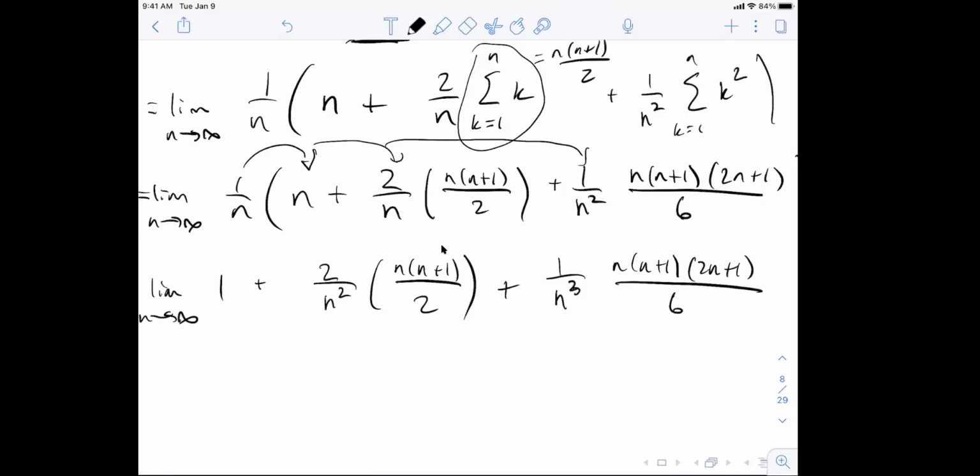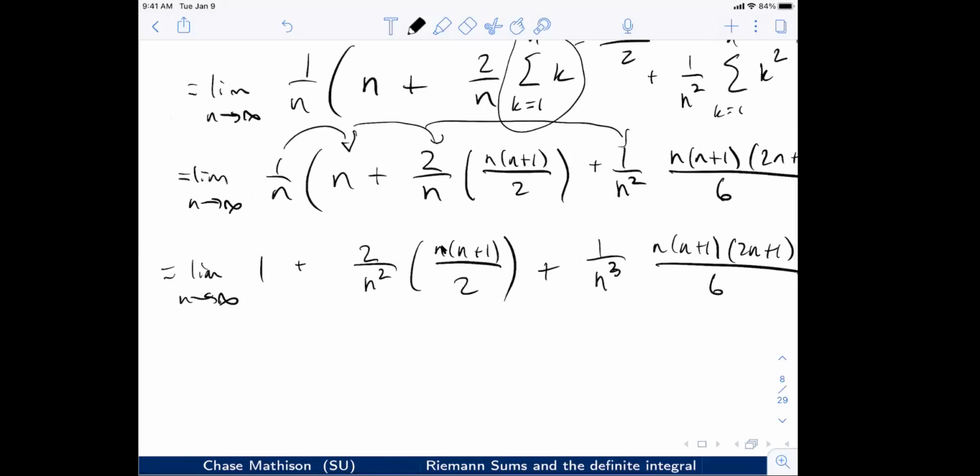All right, so now we can do a little bit of cancellation, a little bit of simplification, but we don't have to get everything under the same denominator, is the point I was trying to make before. Okay, so this is the limit as n goes to infinity of 1 plus 2 over 2 is going to cancel there, right? I'm going to be left with n squared plus n when I distribute the top of that second term, n squared plus n divided by n squared.